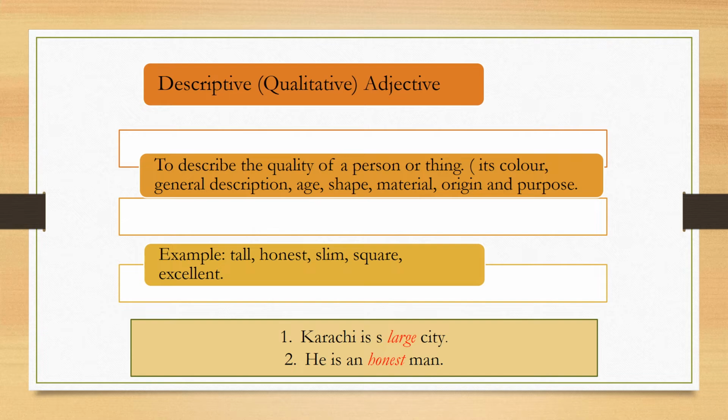If you look at the word which is written in italics, you will come across one thing, that it gives you more information about Karachi, which is a city. And the second one, he is an honest man. The word honest gives you more information about a man.